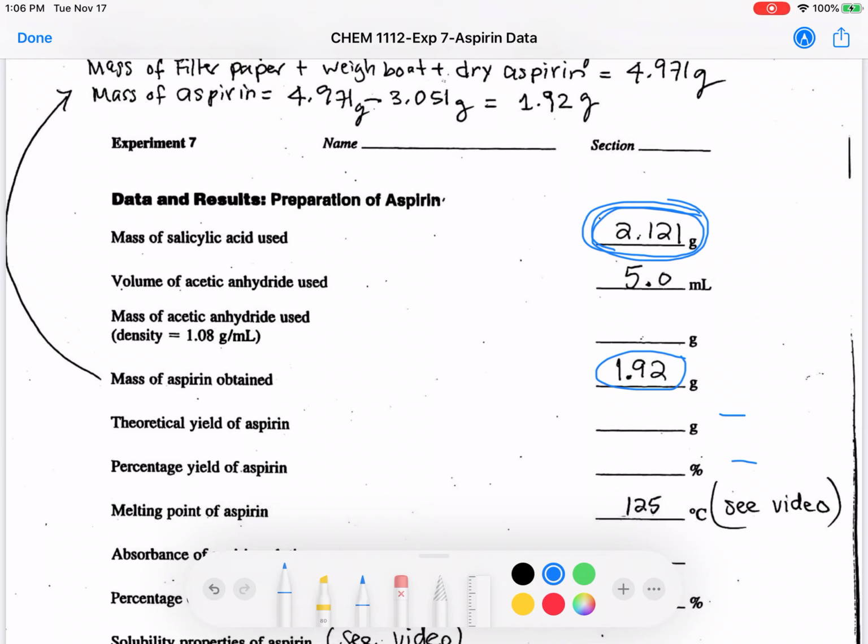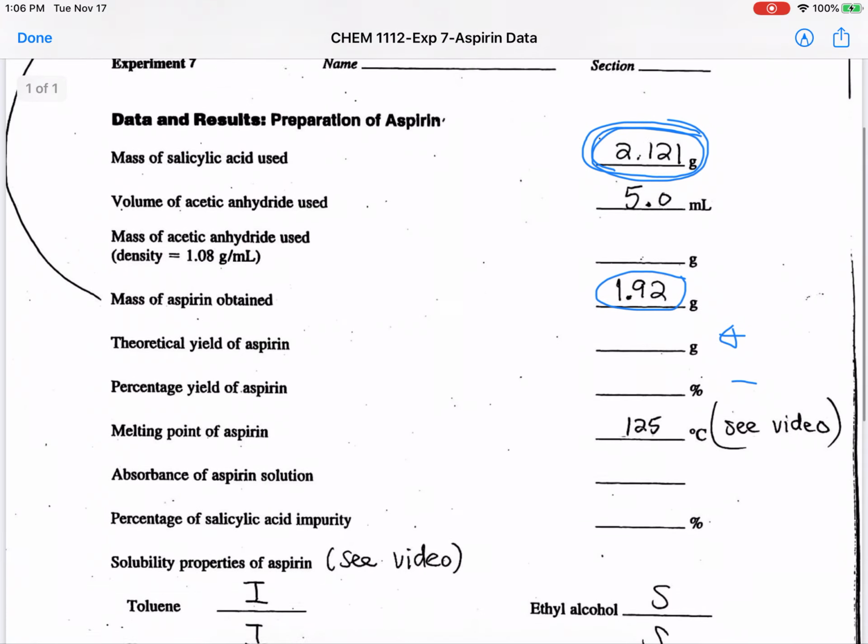That tells us we have used excess acetic anhydride, but our limiting reactant is salicylic acid. So with the given amount, 2.121, how would we find the theoretical yield? You know how to do this one.